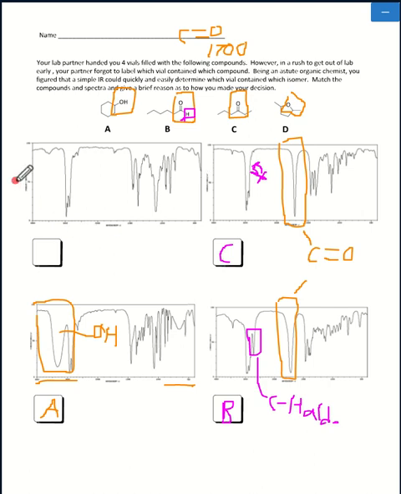And then, by default, the top left would be D, because even though it has a C-O bond, which generally shows up around 1200, not really relevant, what's relevant is that there's no C double bond O stretch and there's no alcohol mountain. That shows that the top left is not any of the alcohol or carbonyl molecules. And that's how that works.